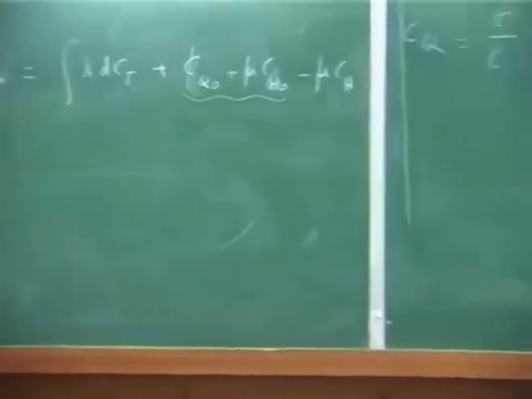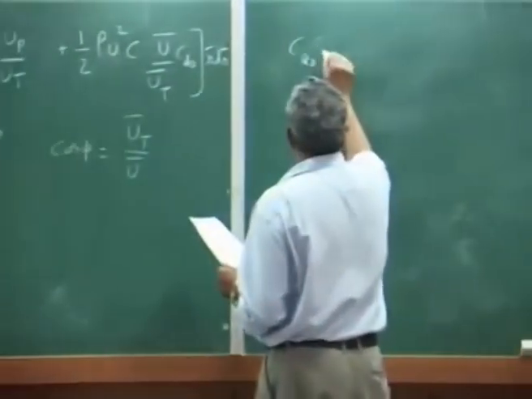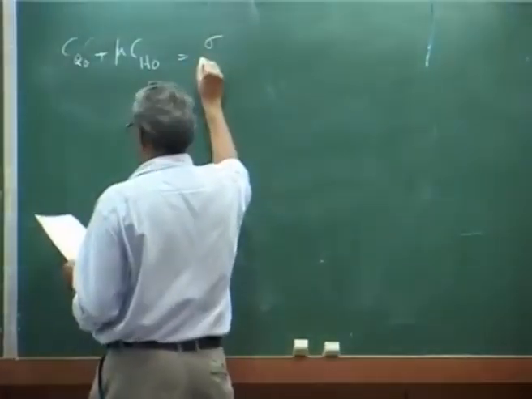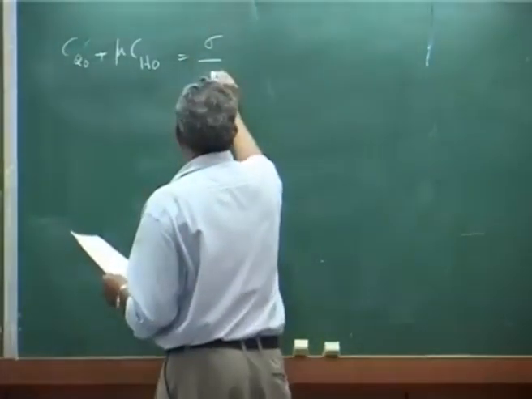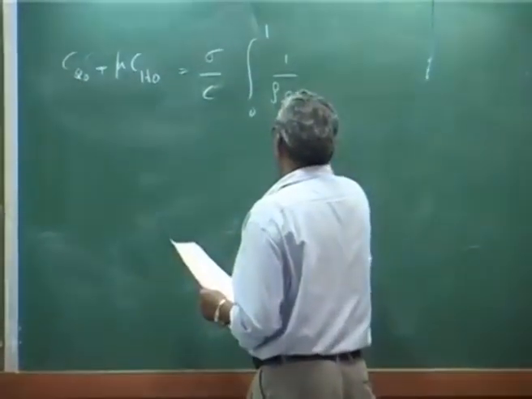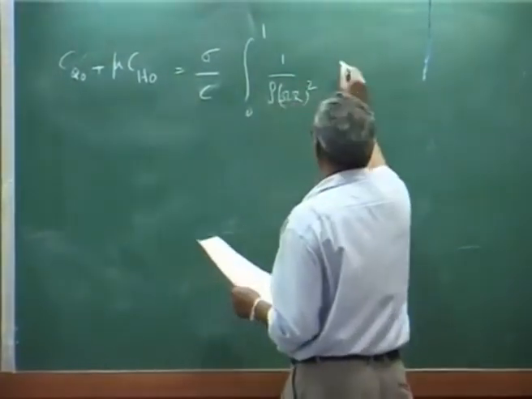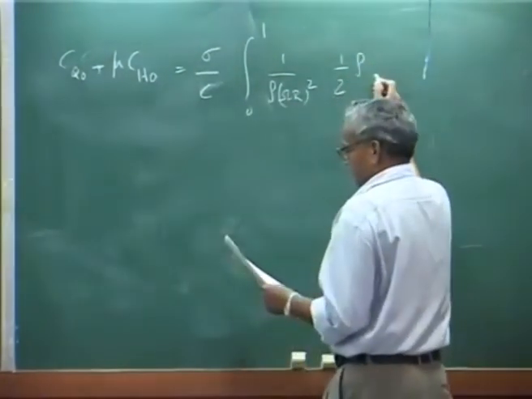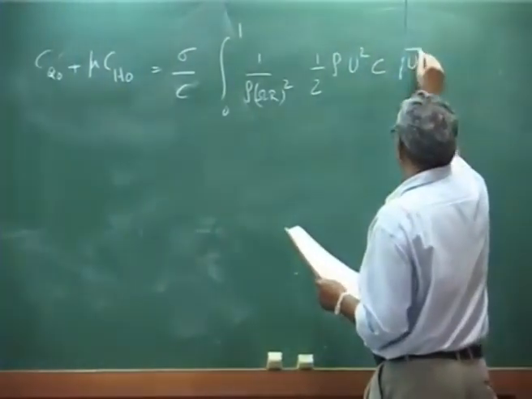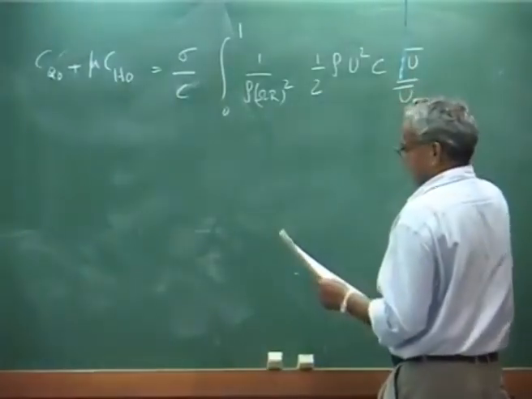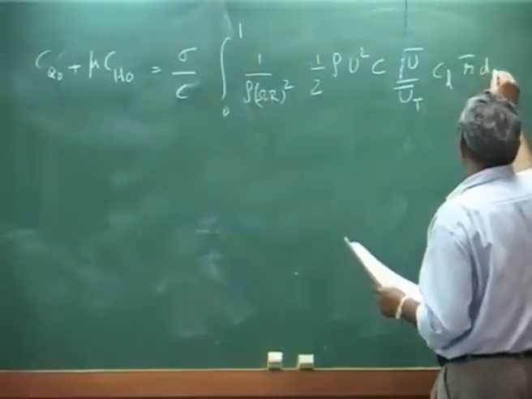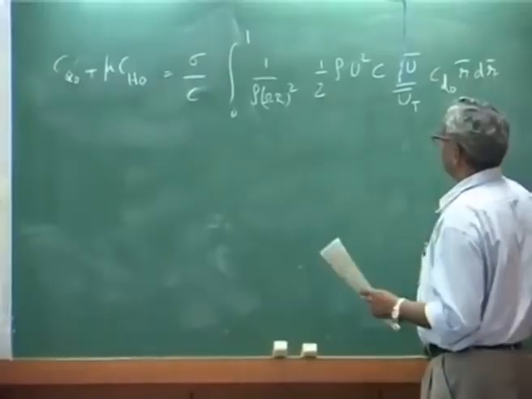So, you will have CQ0 plus, this is sigma over C, 0 to 1, omega r square, half rho U square C, you have U bar over U_T bar, okay, C_d r bar dr bar, C_d0, sorry, okay.